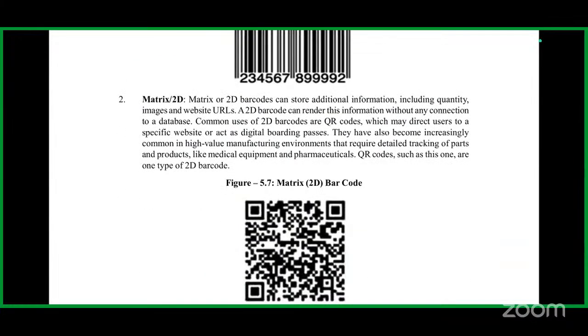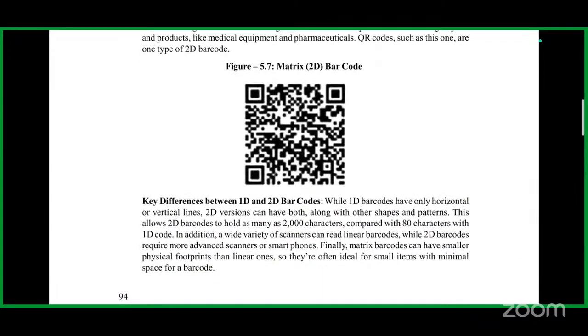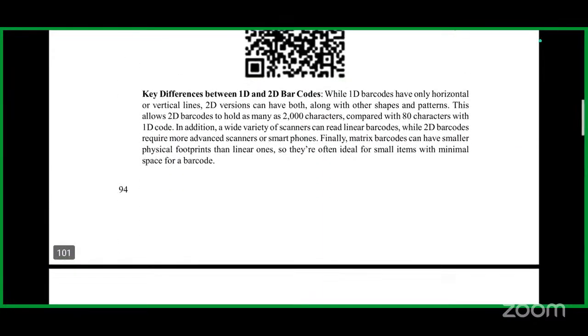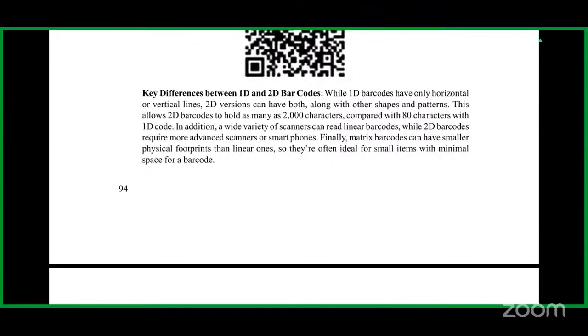Next is the matrix, or 2D, barcode, which can store additional information like quantity, images, and website URLs. The only difference between 1D and 2D is that 1D has horizontal or vertical lines, whereas 2D versions can have both, along with other shapes and patterns.